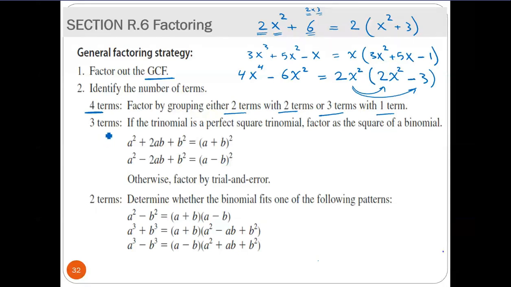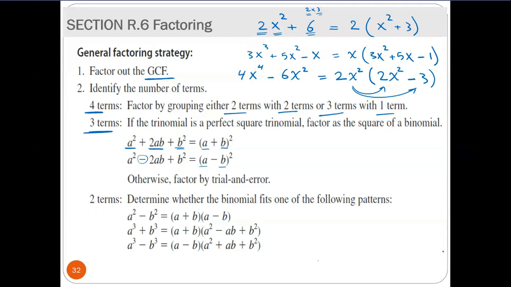In 3 terms we have the perfect square. If we have the first term a square, the last term a square, and the middle term, the second term, 2 multiplied by a and b, this is a perfect square. So directly put it (a plus b) squared, or if we have negative, (a minus b) squared.